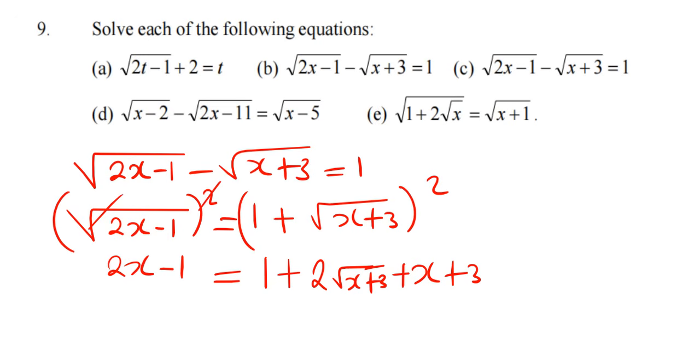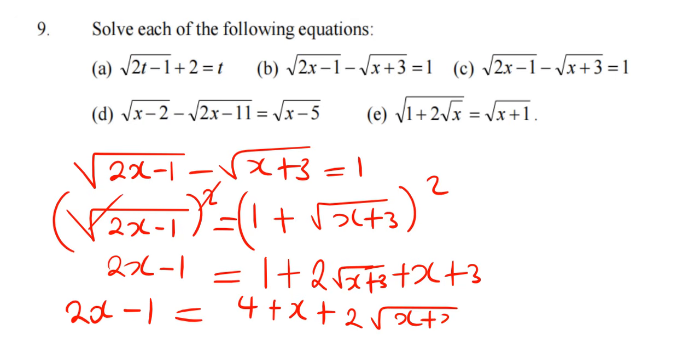Okay, so let's just solve it step by step. 2x minus 1 is equal to, we got a 1 and a 3 there. These ones can add. I'm going to have a 4 plus x plus 2 root x plus 3.